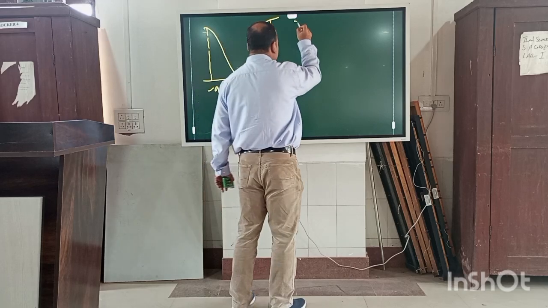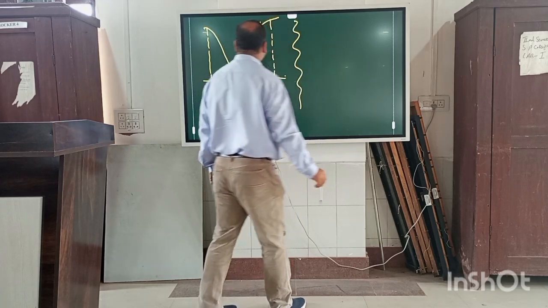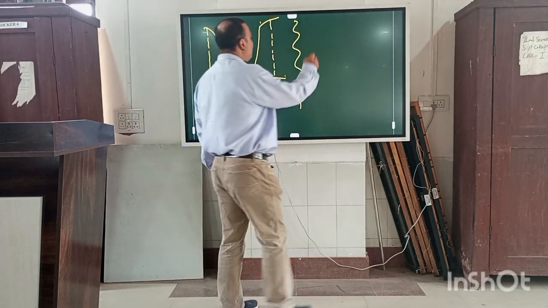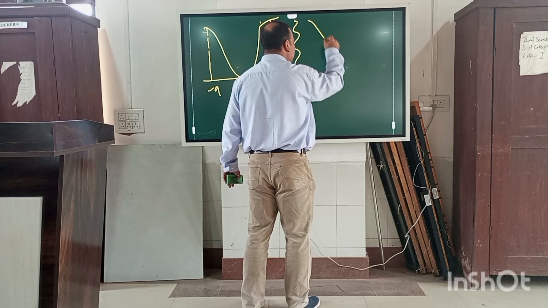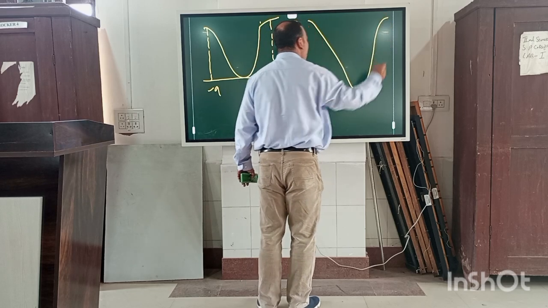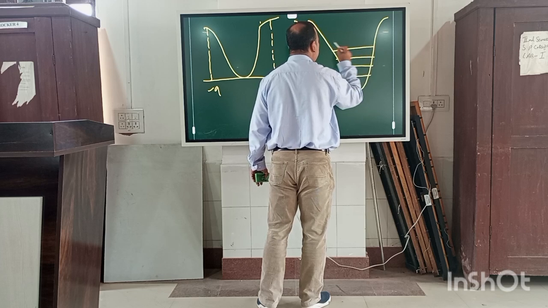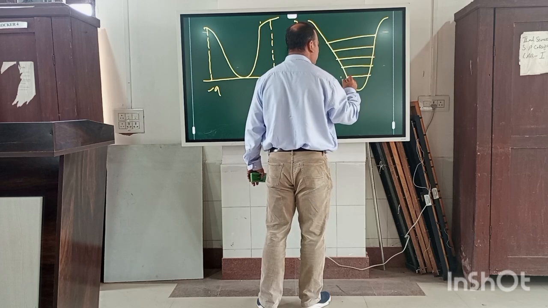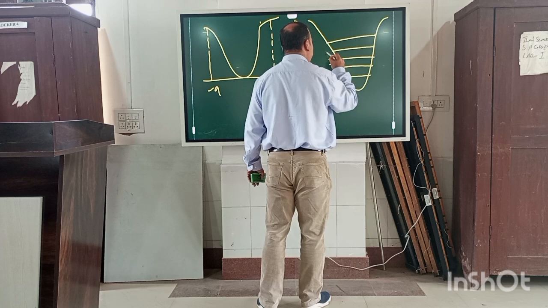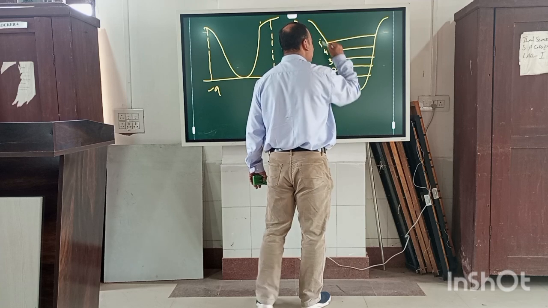But if we subject the same problem to the quantum mechanical laws, we find that this harmonic oscillator can have only some discrete values of energy. It can have energy 1, energy 2, energy 3, energy 4, energy 5, and so on.